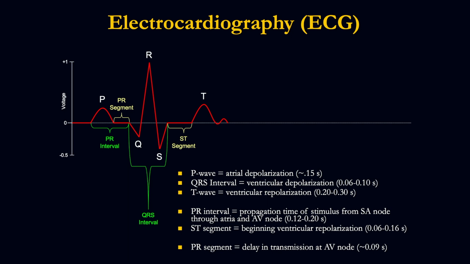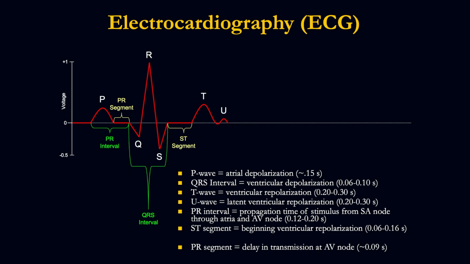In general, electrical activity going towards the positive electrode results in a positive deflection. It's the only case where this happens, with the T wave, that we have electrical activity going away from the positive electrode, yet it manifests as a positive deflection. Why does this happen? Research suggests it has to do with the order in which the cells are repolarized.